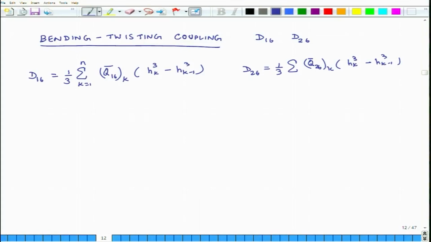Now, how do we make sure that these values D16 and D26 are eliminated? So, method 1. What is method 1?